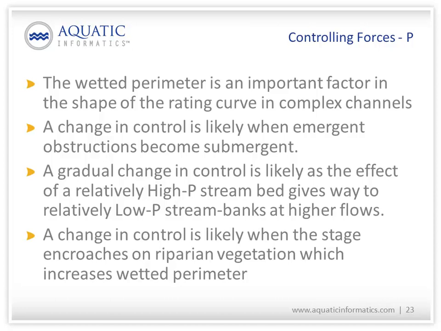As the stage rises up and the water gets into riparian vegetation and starts to flow around the stems of woody plants in the floodplain, that's going to create a very dramatic change in wetted perimeter. We need to pay attention to wetted perimeter very closely.